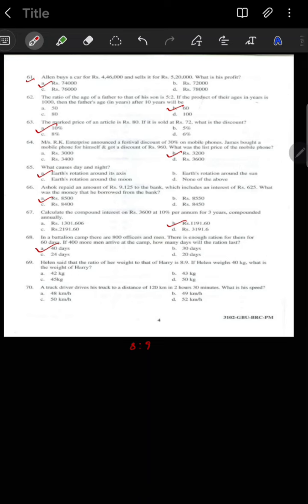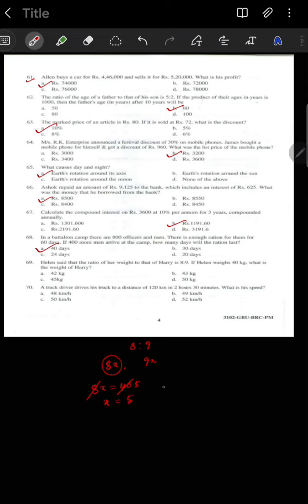I will consider the weight of Helen as 8x and the weight of Harry as 9x. In the question it is given the weight of Helen, so 8x is equal to 40. If you cancel 40 and 8, it goes 5 times. So x is equal to 5.